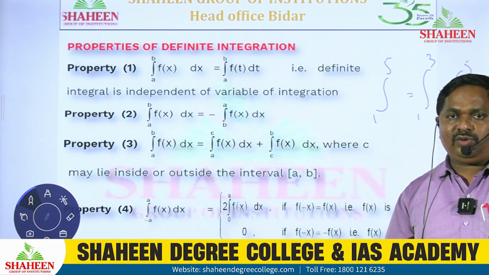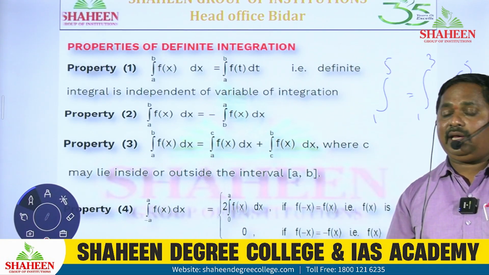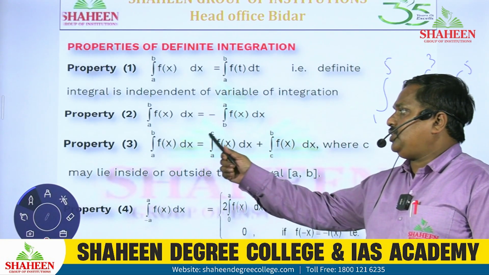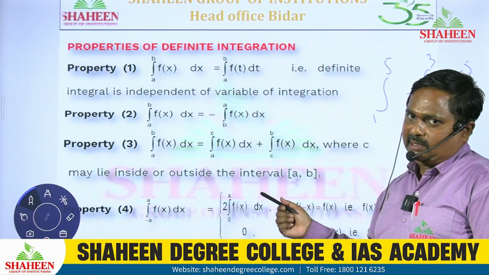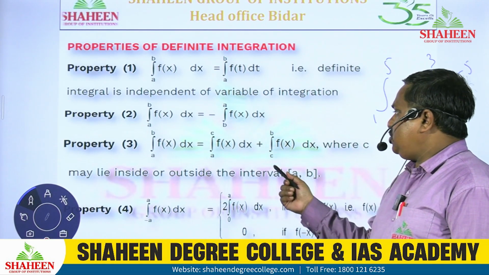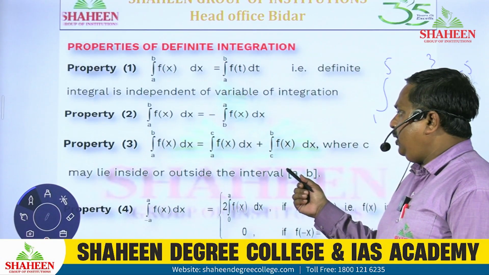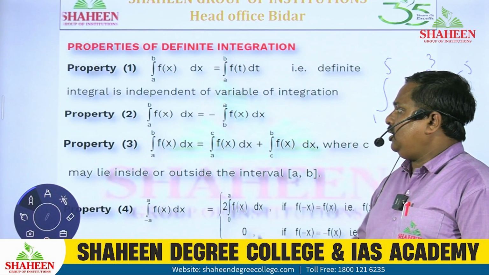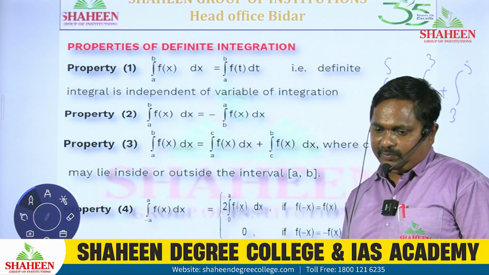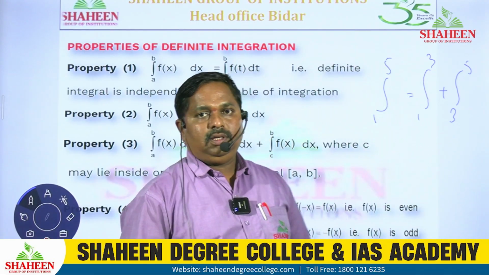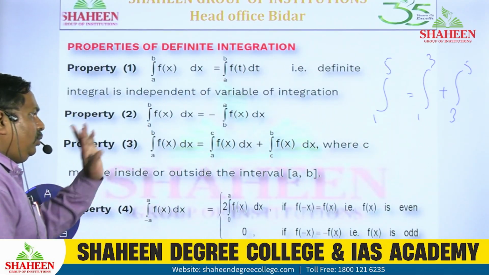Like this we can break the given integration as a sum of two integrals. But whatever c you take, that should be between the given limits a to b only.